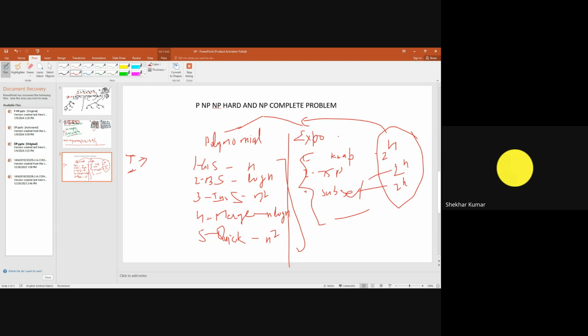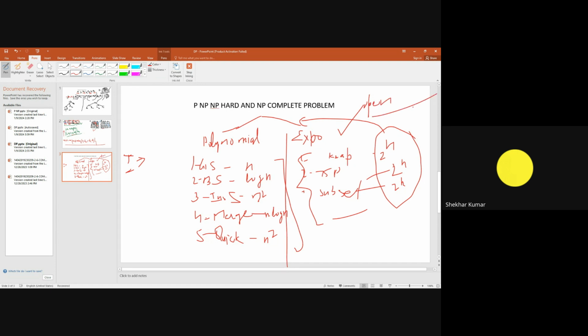Actually, these problems are open problems. These are very famous among researchers. Anyone can do research on these problems. Anyone can solve them. These problems are still not solved. So our goal is to find a solution.